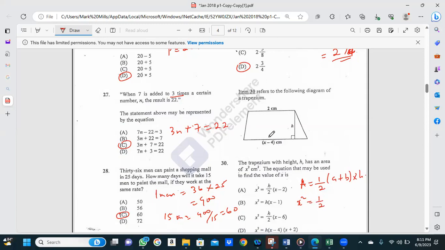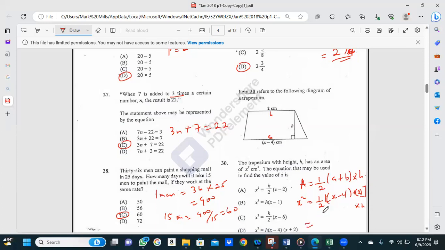Let's say this side is a, it will be x minus 4, then plus the b, which would have been 2. Then you times this by the height.